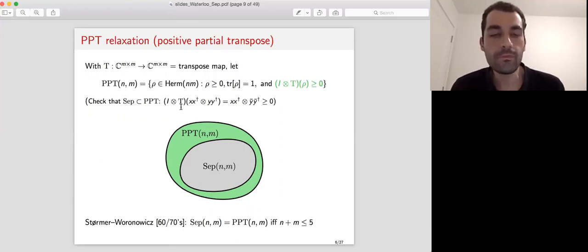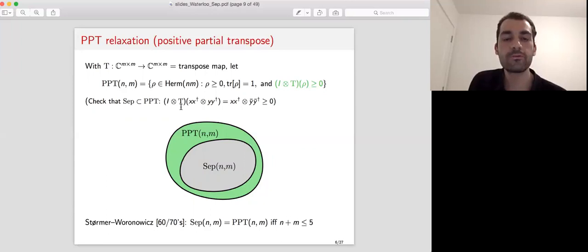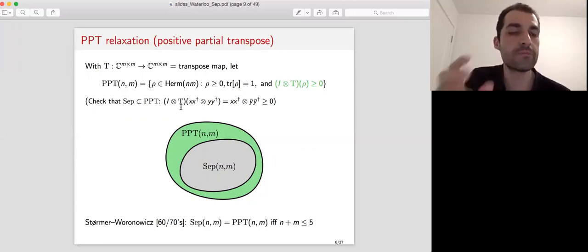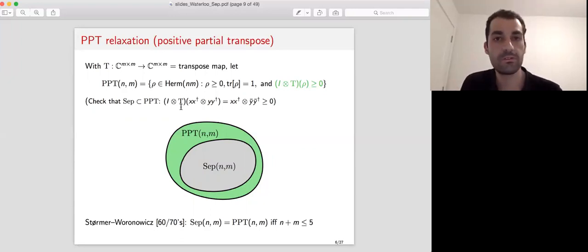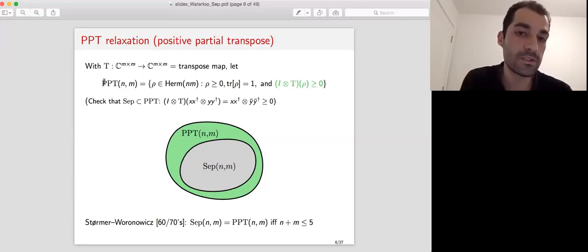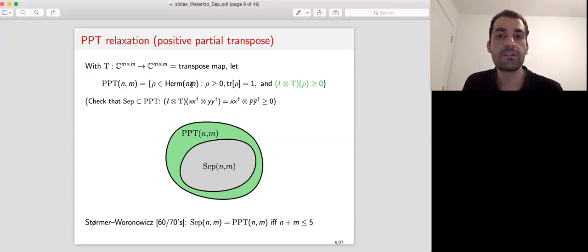I'm first going to introduce the transpose map. This is a map that takes an m by m matrix and outputs the transpose of this matrix. So this is just a linear map. And the set PPT is a convex set in the set of Hermitian matrices of size n times m. It's defined as follows.